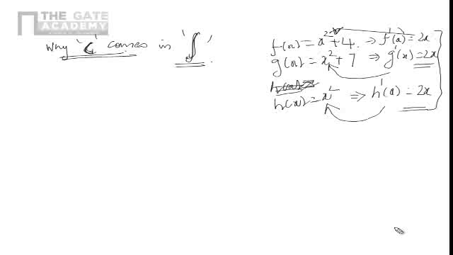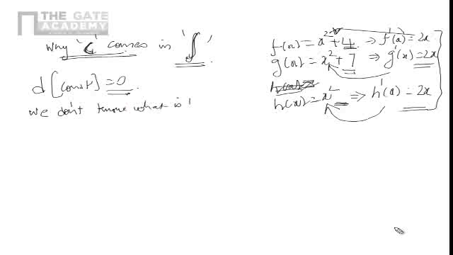So when we integrate 2x, we don't know what this constant is. It might be 4, it might be 7, it might be 0, it might be minus 2, anything. So we don't know what the constant is.